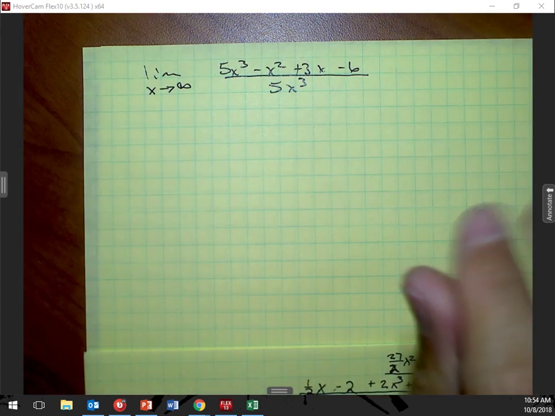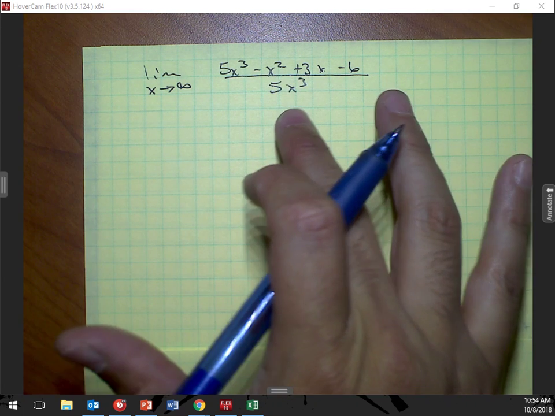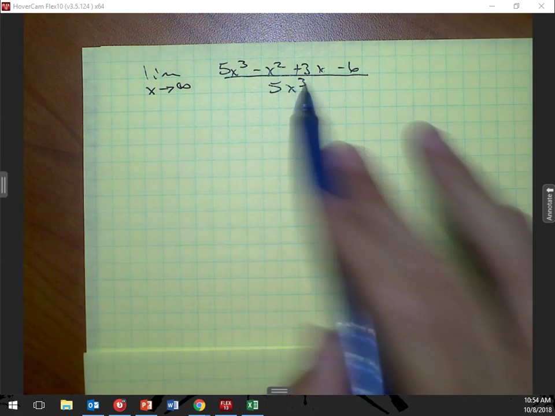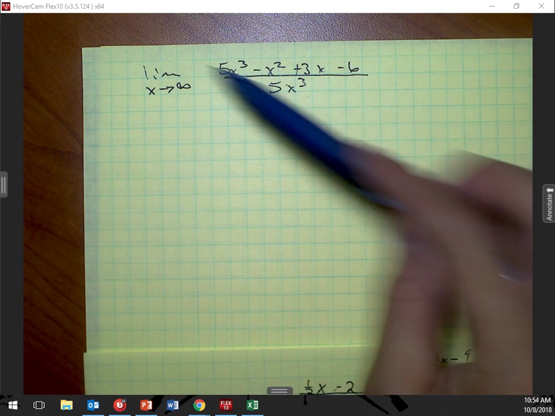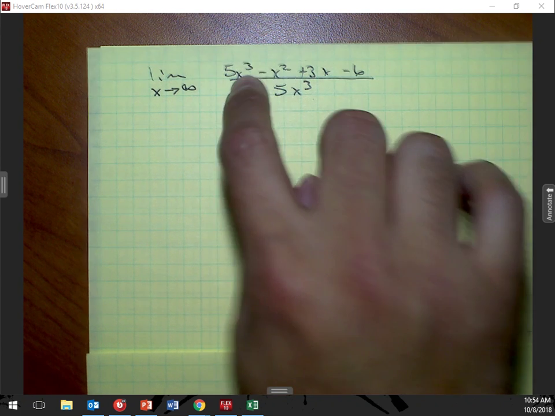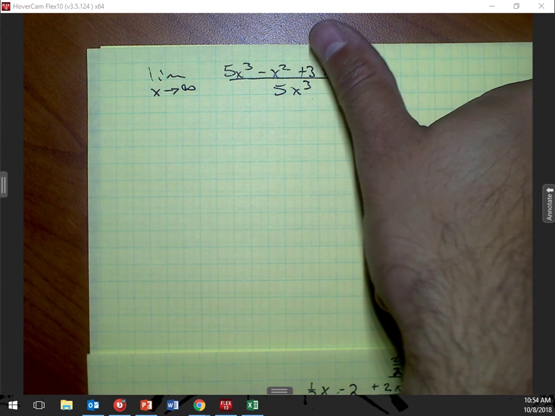Now, we did this already, and I showed you guys the trick. The behavior of it, I have the same degree. So what would this be using the trick that I showed you? Same degree. It'd be 5 over 5, which gives me 1.